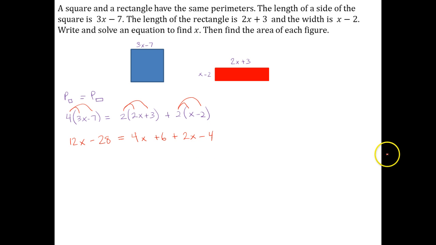Combining like terms, I get 4x plus 2x is 6x. 6 minus 4 is positive 2. And then on this side, we're still 12x minus 28.